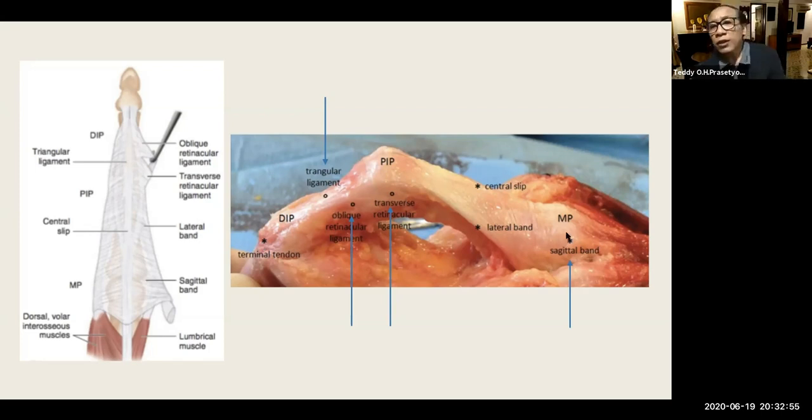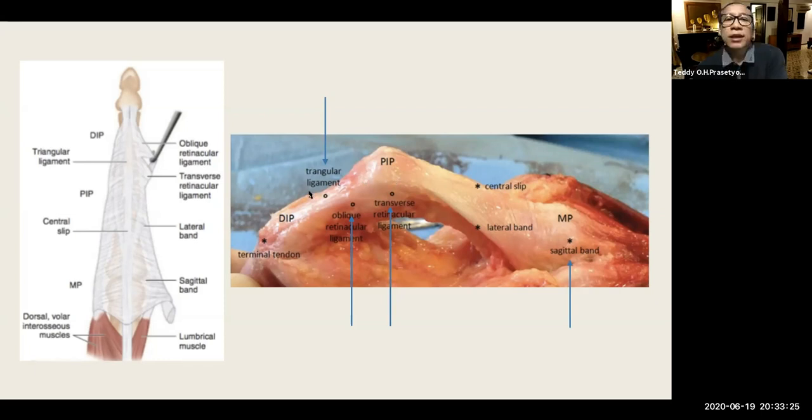Now, besides the sagittal band, I would like to tell you about the transverse retinacular ligament. The transverse retinacular ligament basically holds the lateral band here to the flexor sheath, so it prevents dorsal subluxation of the lateral band going upward dorsally, right?